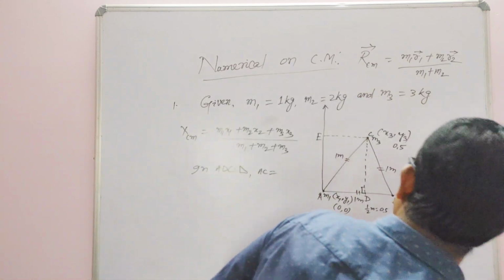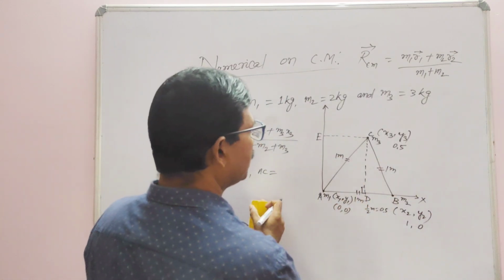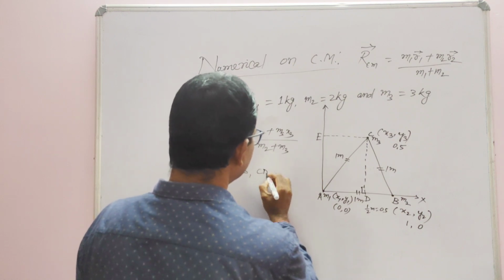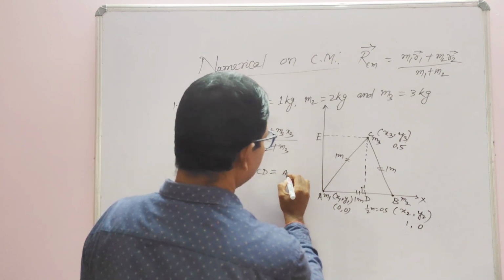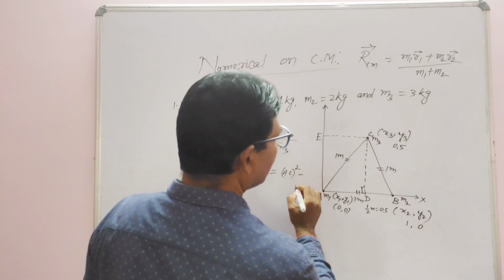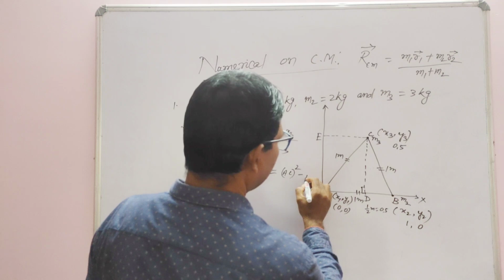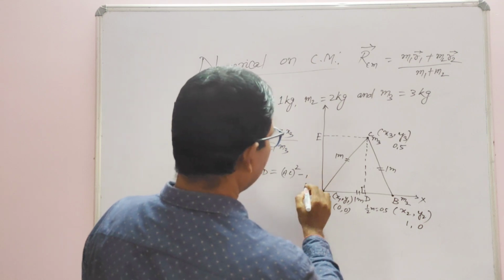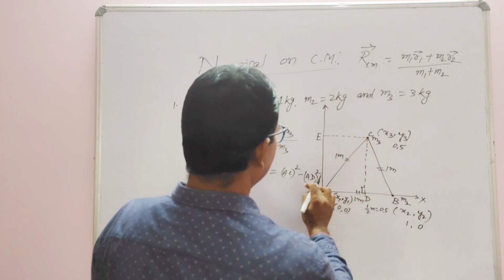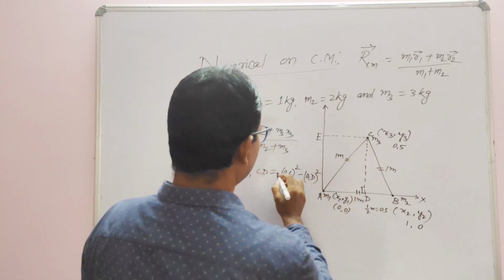SC is given, so you have to calculate CD. CD is equal to square root of SC square minus AD square, correct?